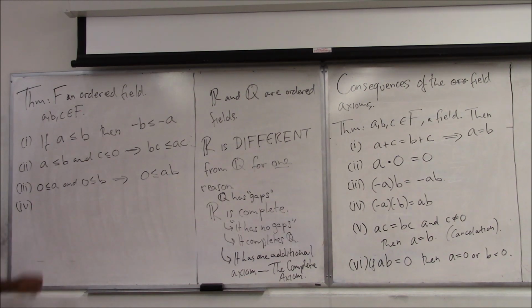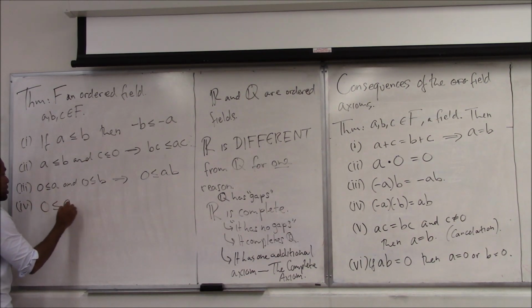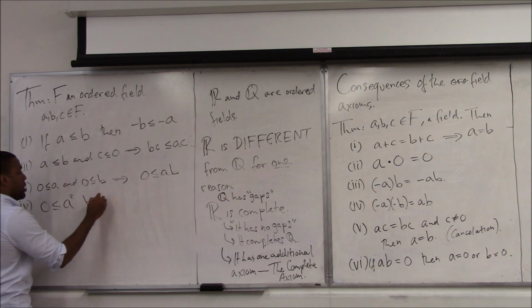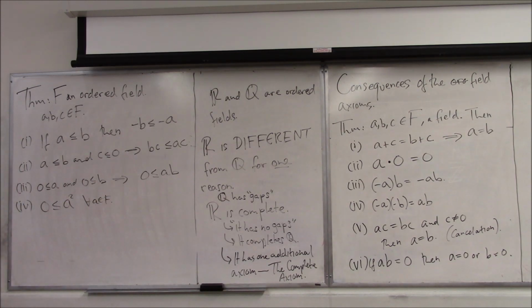A direct consequence of that is that 0 is less than or equal to A squared for all A. Again, something you might have taken for granted. Oh yeah, x squared is a real number, it's always greater than or equal to 0. Not obvious, that had to be proven. You can use this to prove that. Just take A equals B in the previous one. So once you prove this, take A equals B, you get this right away.